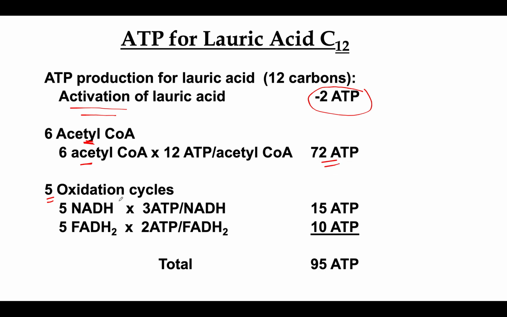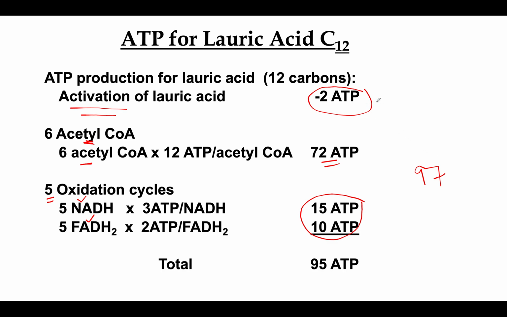5 oxidation cycles will give rise to 5 NADH and 5 FADH2. In total, from these two through the electron transport chain, I will get 25 ATP molecules. So if I add 72 to 25, then the total number of ATP molecules that are produced is 97.